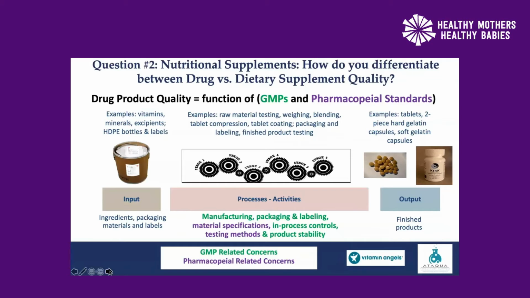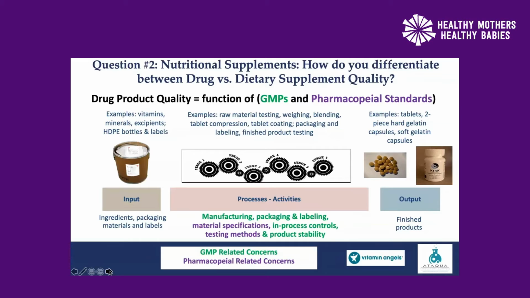The following slide provides a schematic diagram of the manufacturing process for a nutritional supplement, showing the inputs into the manufacturing process that includes ingredients, packaging materials, and labels, the manufacturing process or activities, and the final output or the finished product, which in our case is a multiple micronutrient tablet.